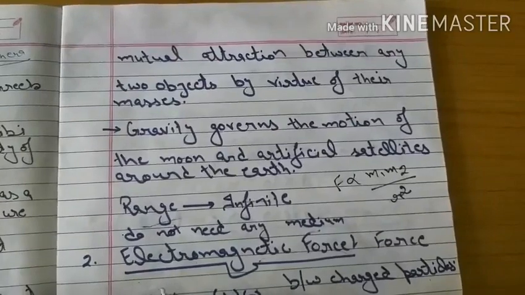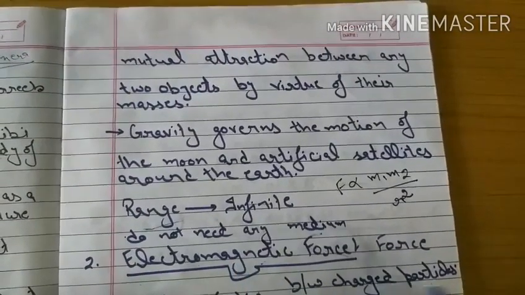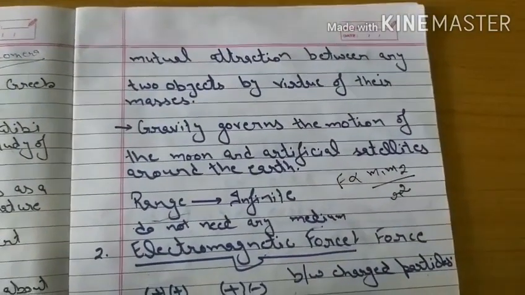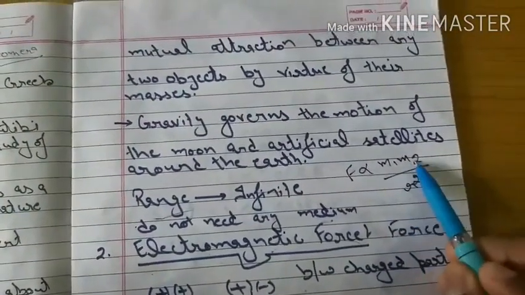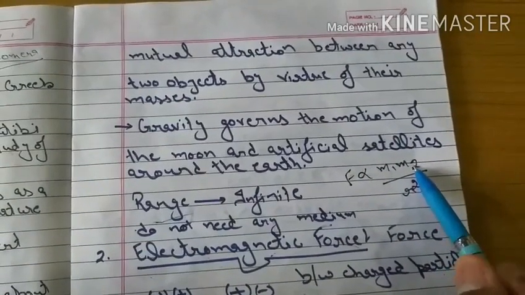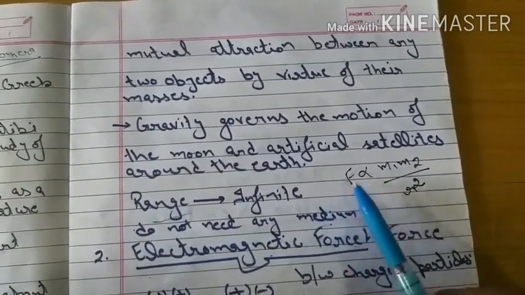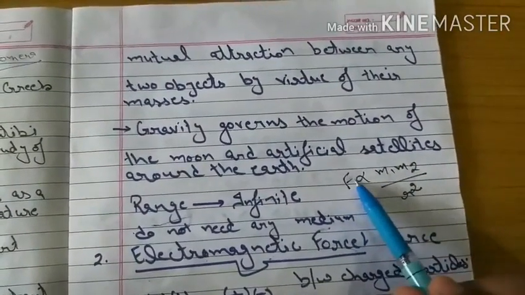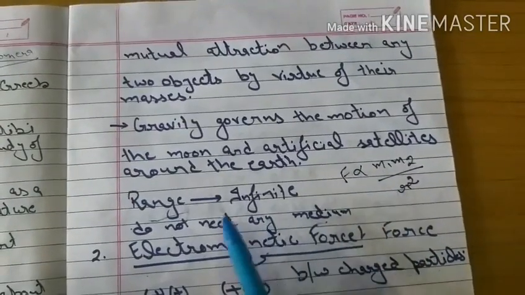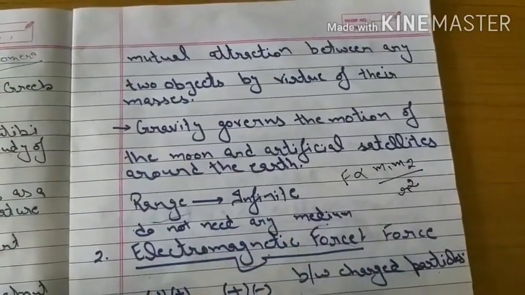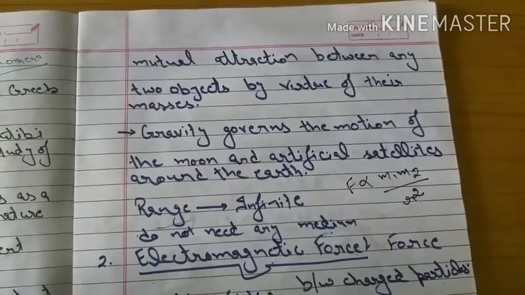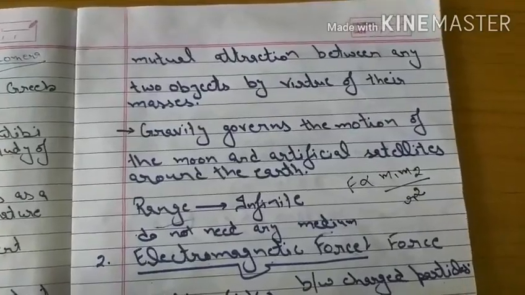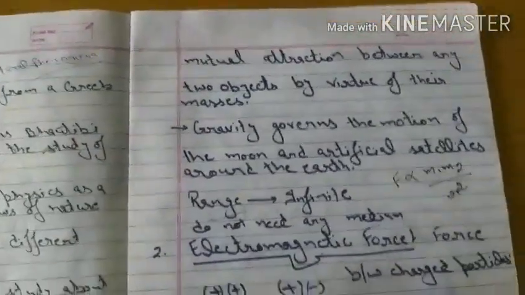But remember one thing, the strength of the gravitational force for material objects is very small, because the mass of a material object is very small as compared to the mass of the earth. If the masses of two bodies are small, then the force of attraction will also be small. But gravitational force basically governs the motion of celestial bodies, like the motion of the earth around the sun, the motion of the moon, and of artificial satellites around the earth. So that's all about gravitational force.